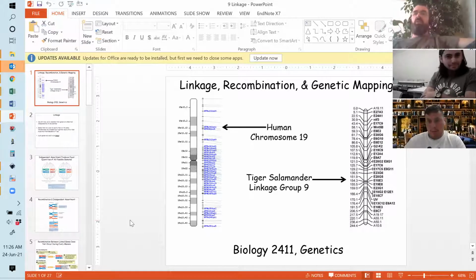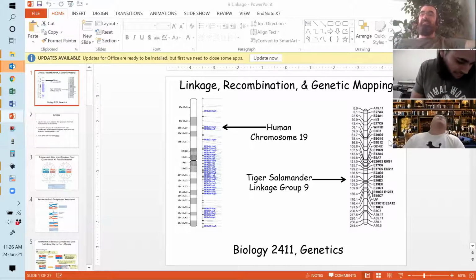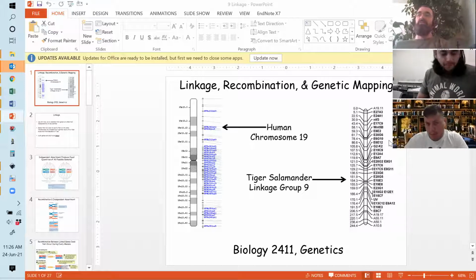Honestly though, if you're good at math and you like biology, the whole world is your lobster when it comes to jobs and research, because there are so many biologists who are not good at math. So if you can do statistics and biology, then you're kind of made.